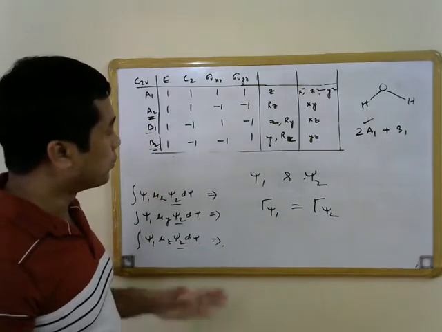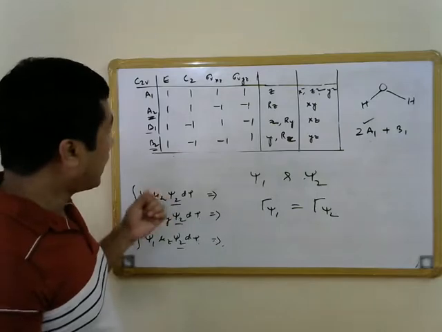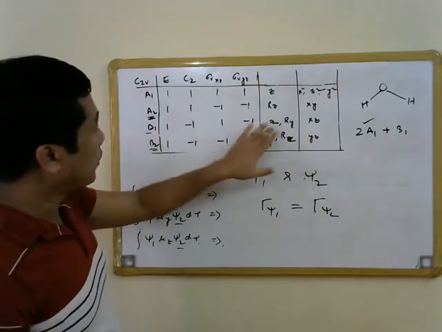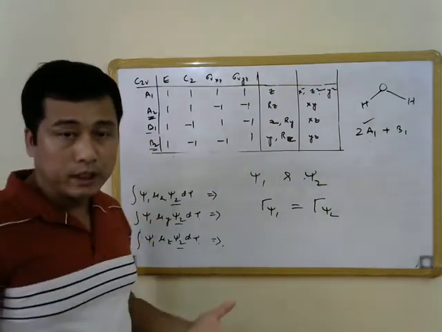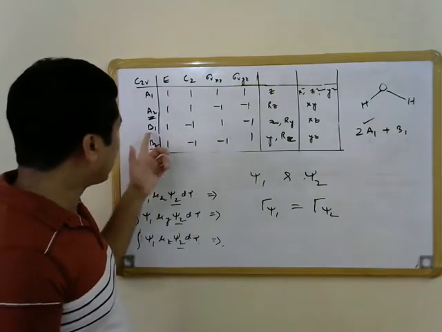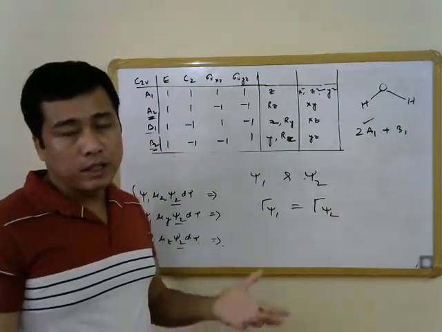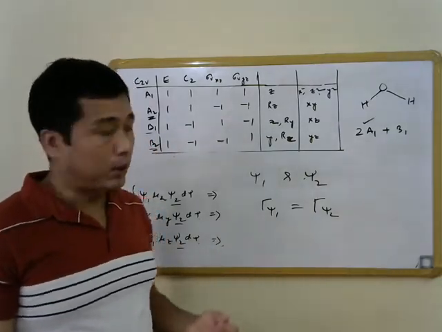It will give us a non-zero integral. We also know that the integral containing mu x will have non-zero value, and that is why this transition from A1 to B1 is going to be x polarized.